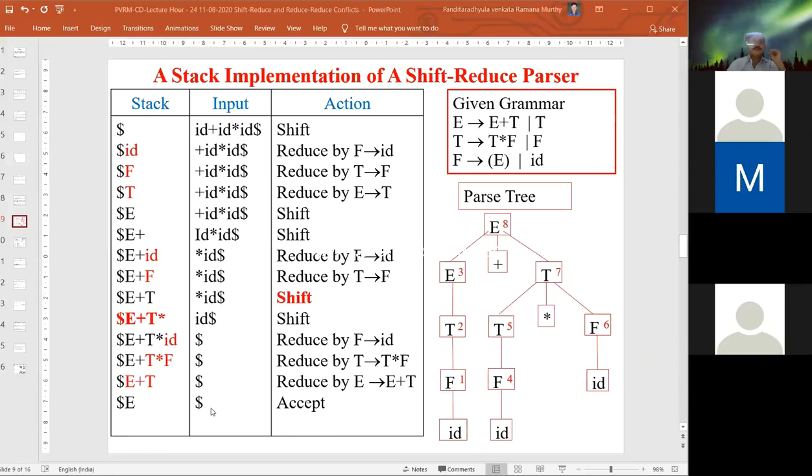By the rule, if the input string contains only the dollar sign and the stack contains dollar and the start symbol, then that particular state is called the accept state.